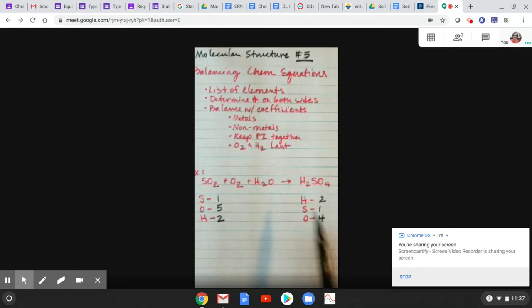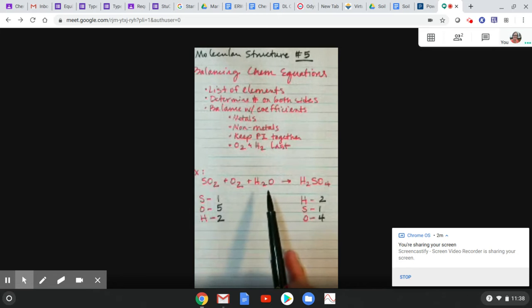So basically the thing is now you just have to kind of pick something and double it and see what happens. Generally, I say pick the odd one. So pick the side that has the odd number on it and double it. But in this case, it wouldn't work very well because those 5 oxygens are actually spread out among multiple things. So what I'm going to do is pick the oxygen in here that is the odd number, the one that has an odd number in it, and I'm going to double that.